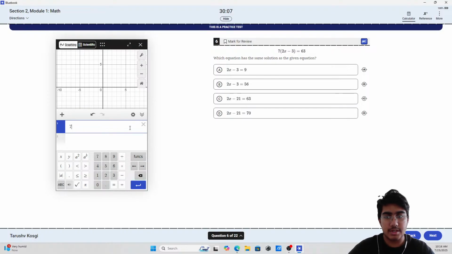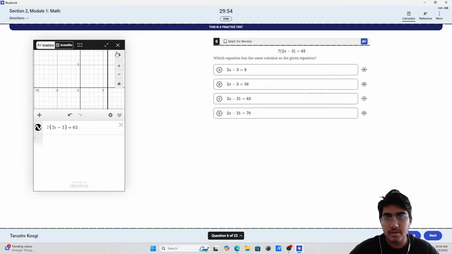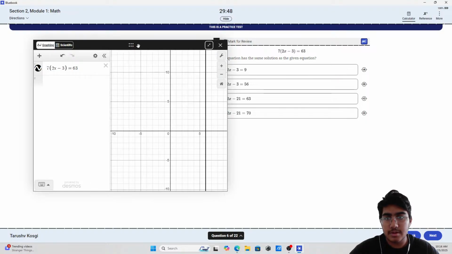Which equation has the same solution? Same solution. Why can I not expand this one?